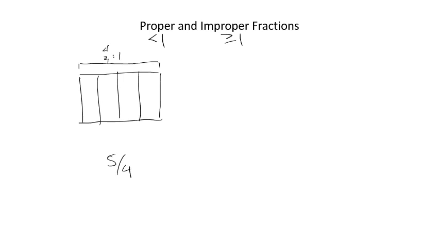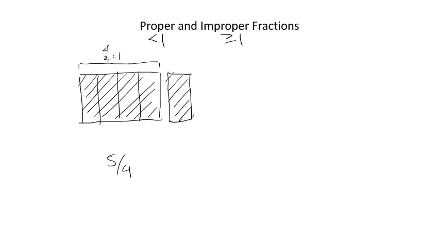I also think it makes a little more sense, when you're adding that fifth piece, to put a little space in here and not directly attach it. So 4 of these pieces make a whole, and then I have this fifth piece. How many pieces do I have? Well, I have 5 of them, so I can shade these in. Here's 1, 2, 3, 4, 5. So I have 5 pieces, and 4 of them went to make a whole.